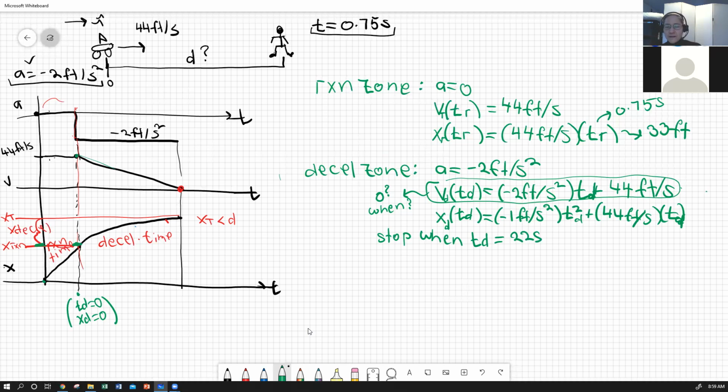Okay, so all we have to do is pop that in here to figure out how far we traveled in this deceleration duration.